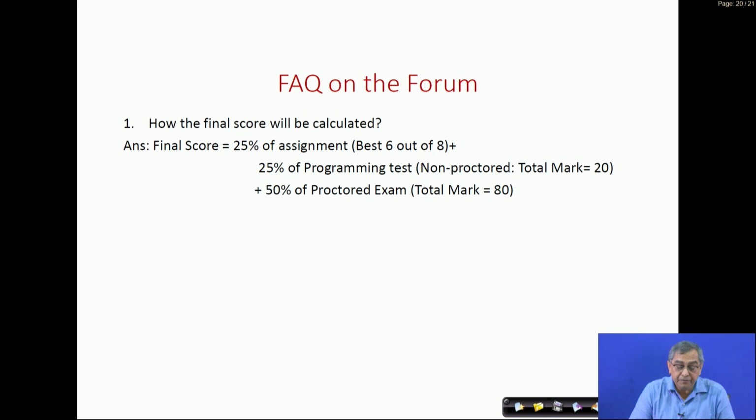So, 25% from the best 6 out of 8 assignments, 25% from the non-proctored test for 20 marks, and 50% from the proctored examination of 80 marks is what will be your final score, and that is what will be used for the purpose of your grading. Right. I hope this answers your question on this.